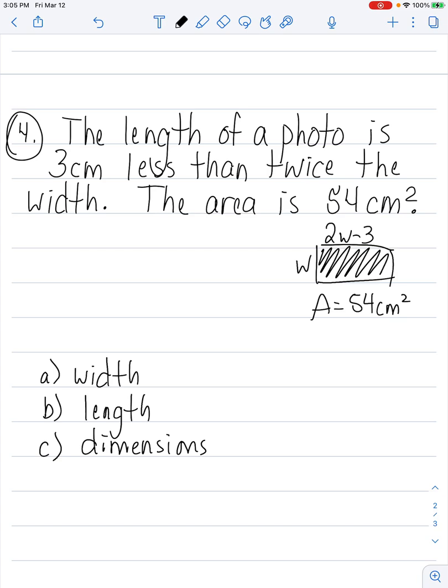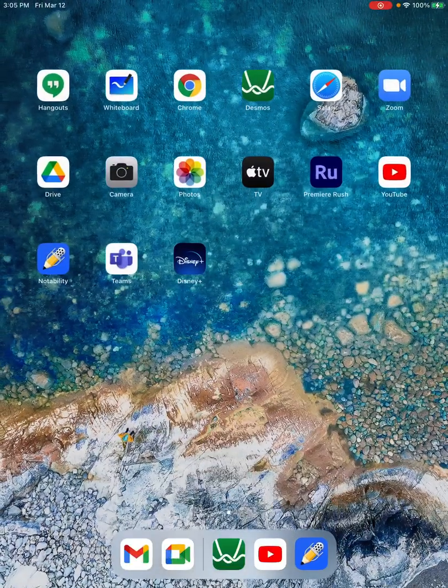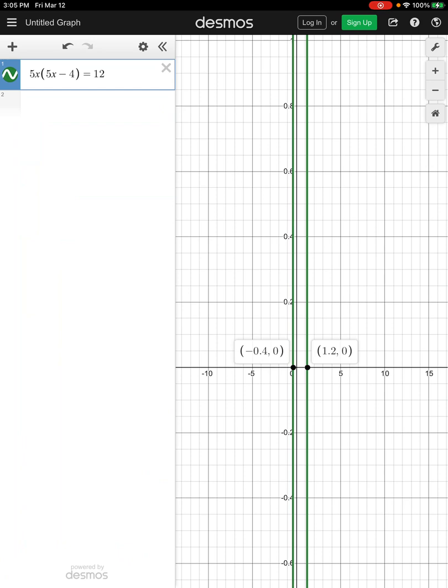Didn't we say that area is length times width? In this case, I put the W over here. I can say W times 2W minus 3, length times width, equals the area of 54.